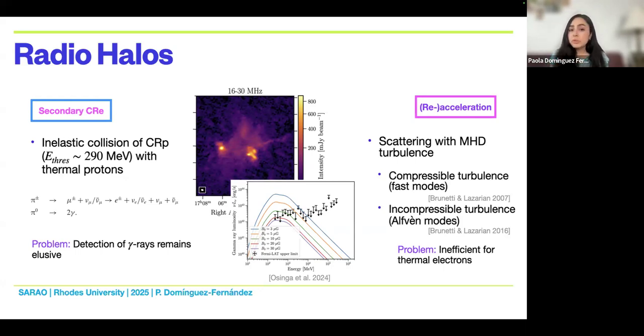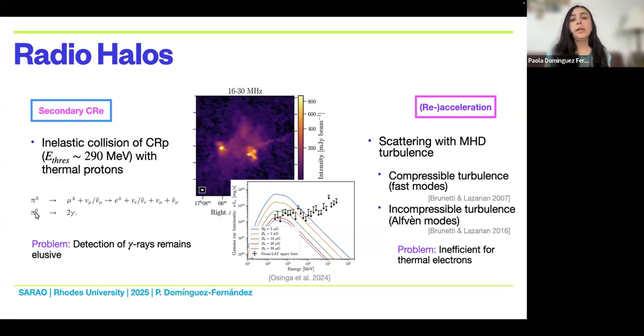So proton-proton collisions can give, as a decay, charged pions and neutral pions. And the final outcome of the decay of the charged pions will give birth to secondary electrons, which in principle can contribute to your radio halo emission, right?